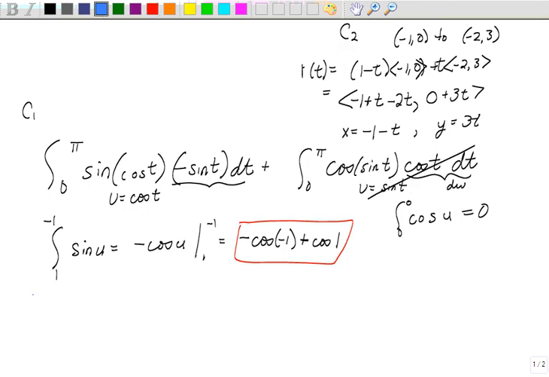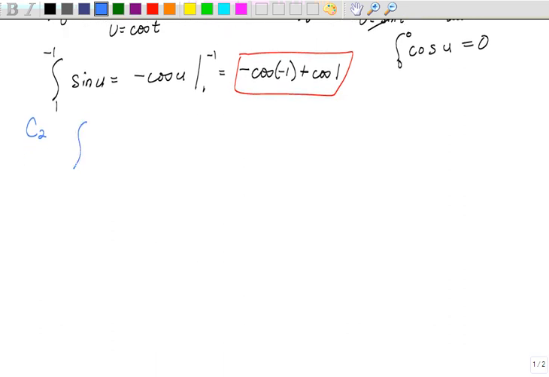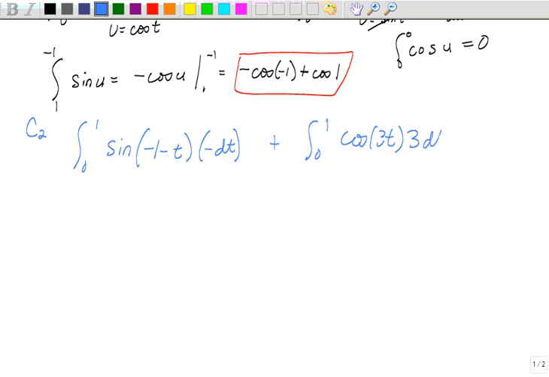Okay, let me do C2, the curve 2 in blue. So I have my curve, so I'm going to integrate 0 to 1 sine of negative 1 minus t, because that's sine x, negative dt, plus 0 to 1 cosine 3t, 3 dt, because that's x prime dt.